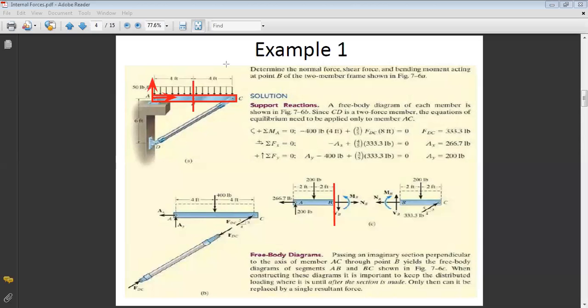A two-force member is a member for which forces are applied only at 2 points, which are here C and D. So we can say now that the force at C will be along CD, because CD is a two-force member.